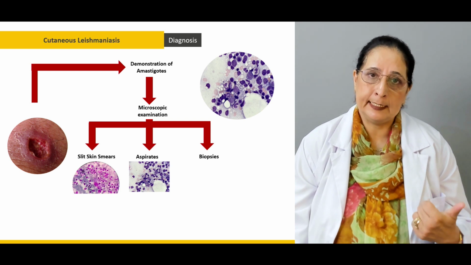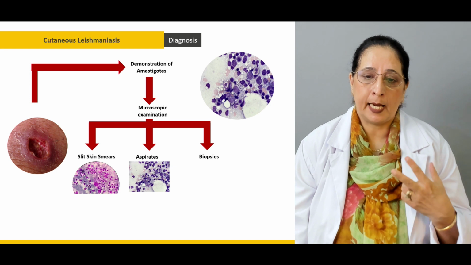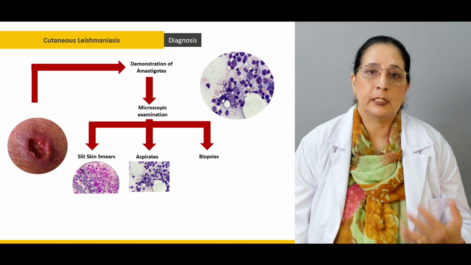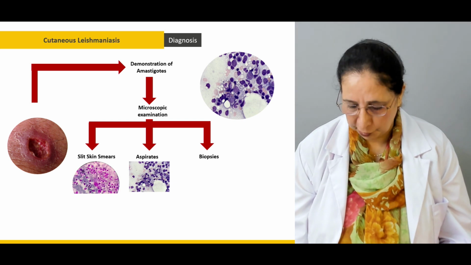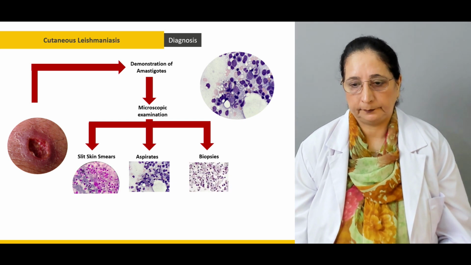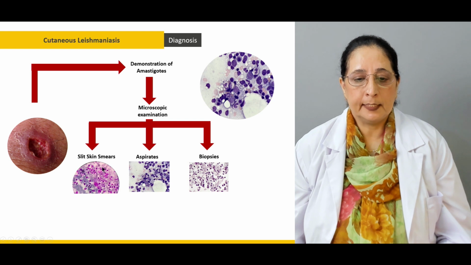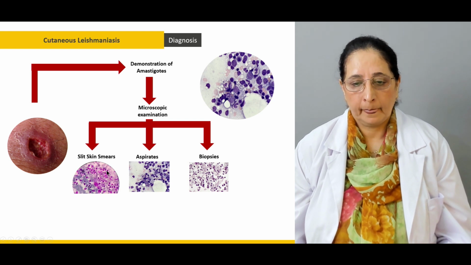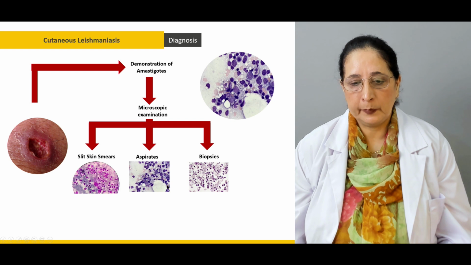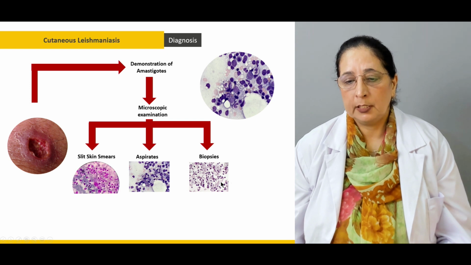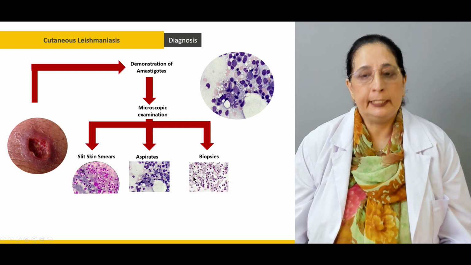So, slit skin test, aspirates, and biopsies, all these can help us to diagnose leishmaniasis. These are all the microscopic appearances. That's what you see with the skin smear, the aspirate, and the biopsy of the tissue which is infected by the leishmania.